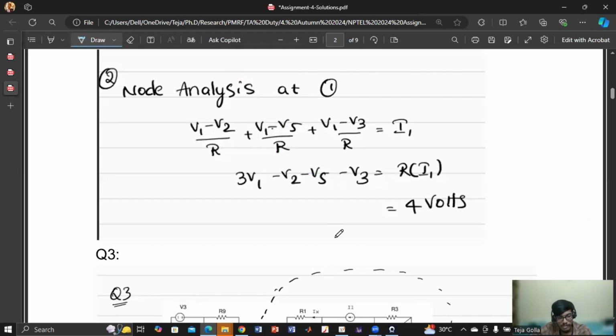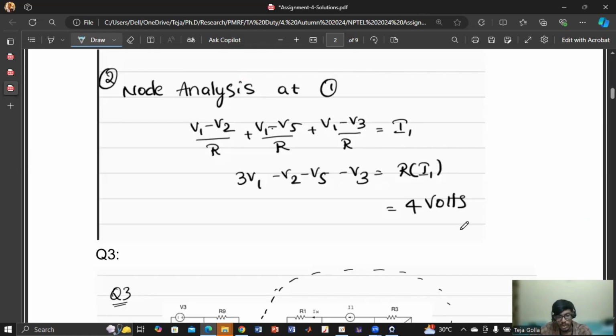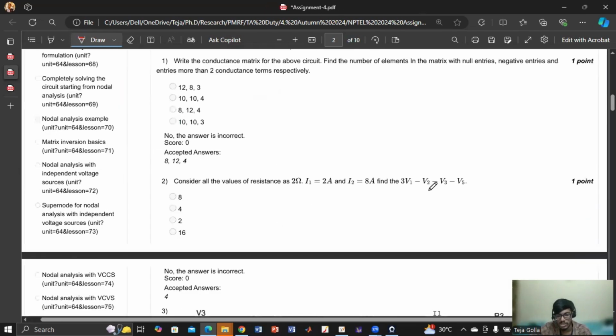In the question, they have given all the resistors are 2 ohms and I1 is 2 amperes. So if you substitute, you will directly get this expression. Clear? You just have to apply nodal analysis to get this. Is that part clear? Any queries in this before we move on to this?